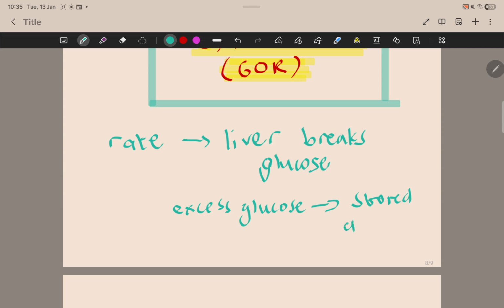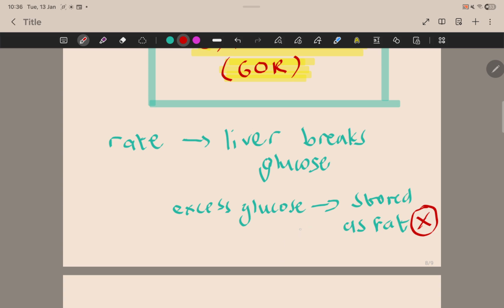Stored as fat, which is something we don't want. One of the risks of TPN is that it is associated with fatty liver disease, especially over a long-term period, because you are feeding the patient via IV through the bloodstream, and if you give too much of something, it causes major issues.